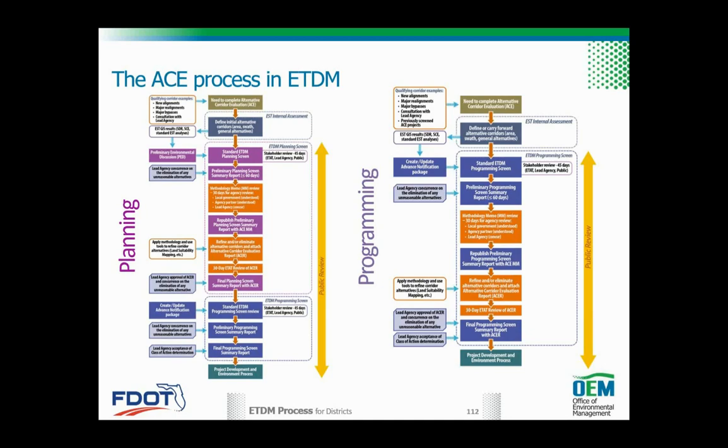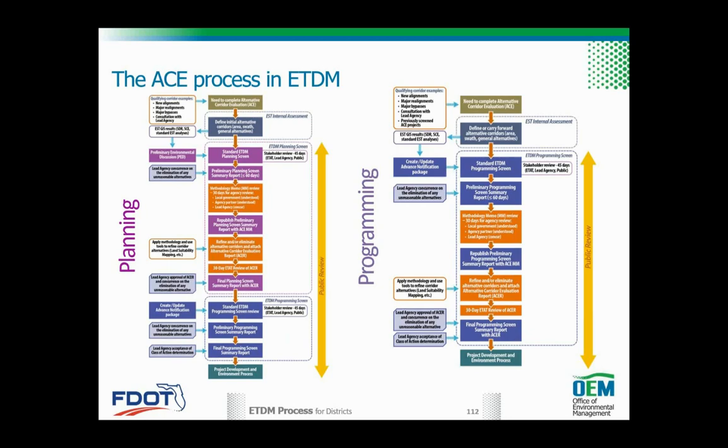And ultimately, we memorialize all that in an ACER document, the Alternative Corridor Evaluation Report, which becomes the justification for when we would eliminate an unreasonable alternative. And so those are products and activities that help us eliminate unreasonable alternatives. When you try to do that in a planning phase, traditionally you could only eliminate unreasonable alternatives if they did not meet the purpose and need.